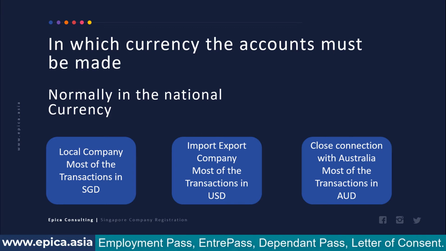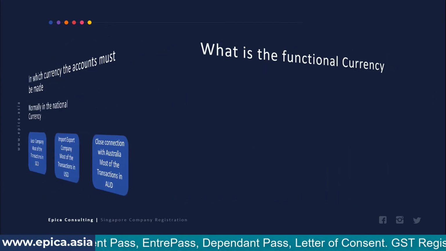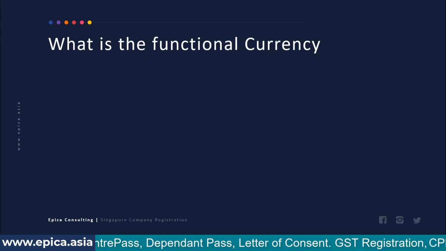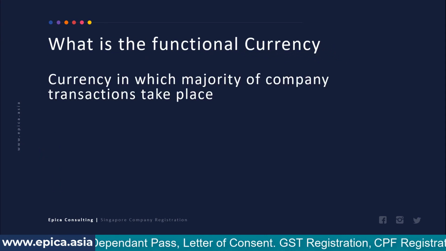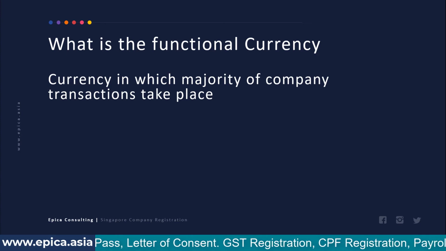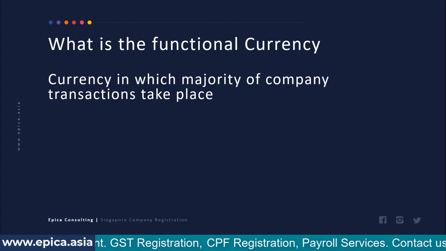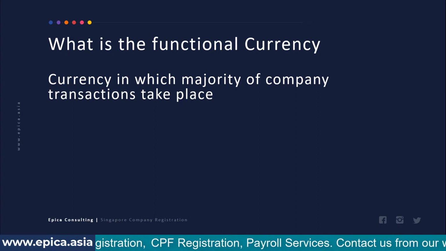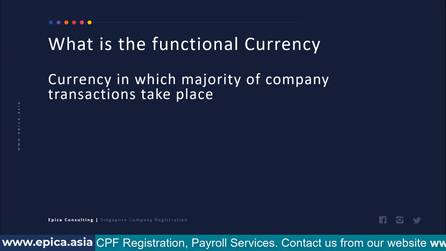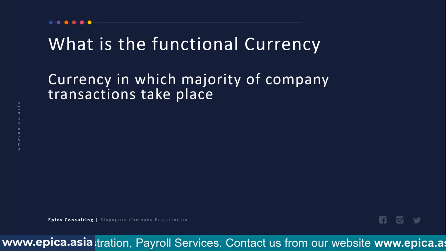So this is obviously not preferred. So that is where the concept of functional currency comes into the picture. A functional currency is the currency in which the majority of the company transactions take place. So in our case, for those three examples, the functional currencies respectively become Singapore dollar, US dollar, and Australian dollars.